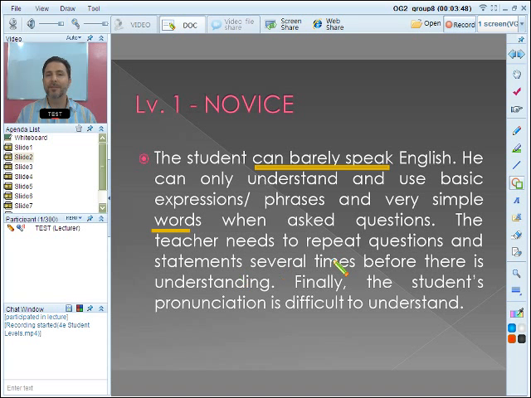And they may not understand perfectly what the teacher is saying, and so the teacher may need to repeat what they are saying and even simplify the words. Okay? And they also have pronunciation that you have to exert a lot of energy to understand.